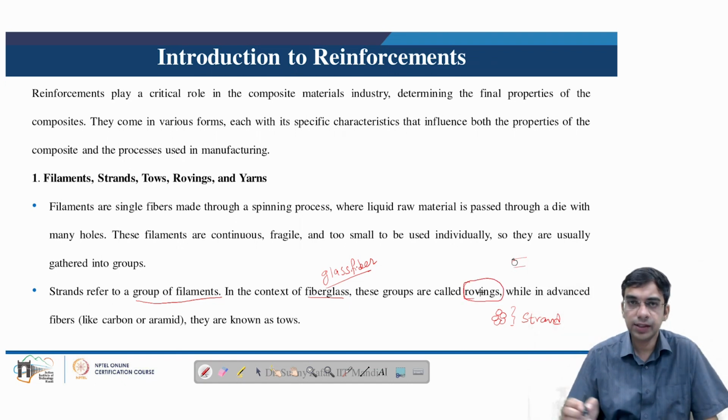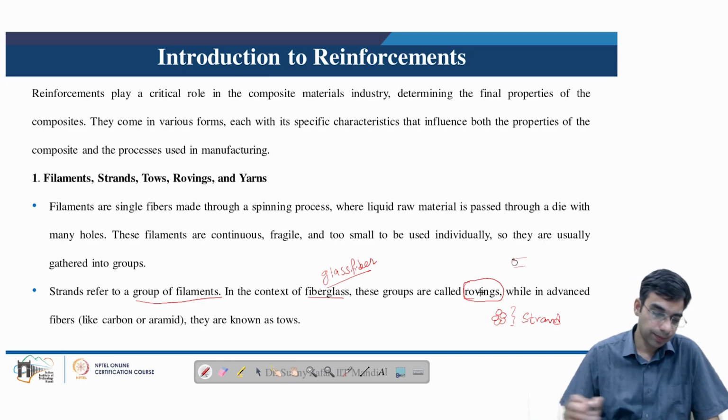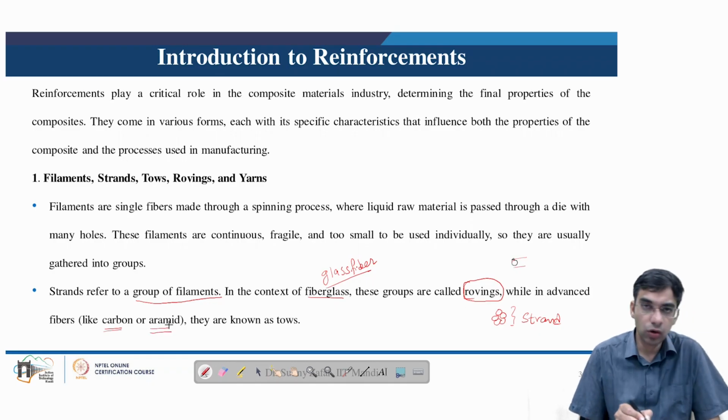In technical literature, we will see that roving is the term which implies a strand of glass fiber, consisting of filaments of glass fiber, while in composites which use advanced reinforcements such as carbon fiber or aramid fiber, the name of the strand changes to tows.